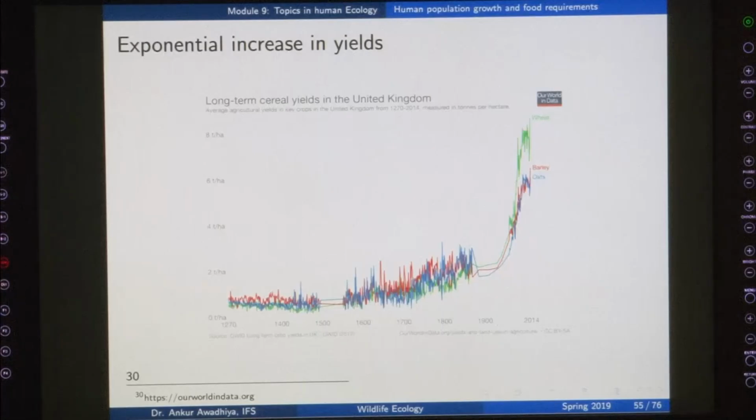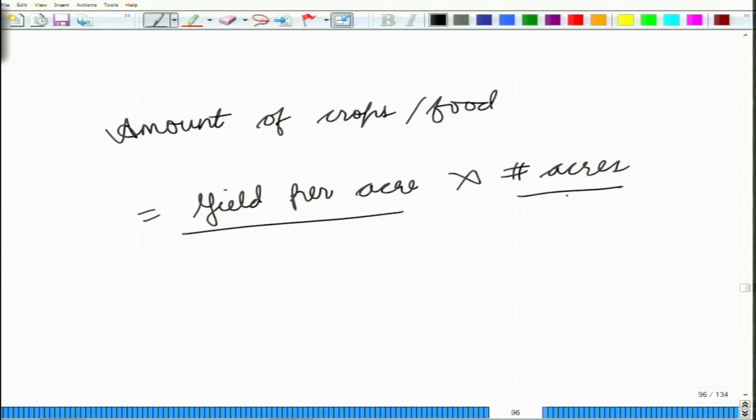The yield per unit piece of land has been increasing with time, and also the number of acres put under cultivation, the amount of area put under agriculture, has also been increasing with time.